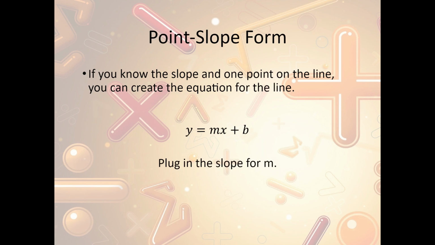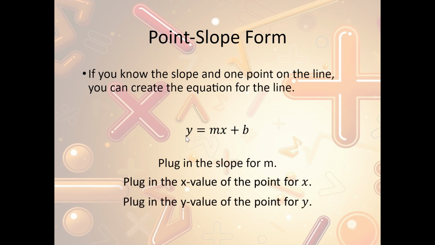So whatever the slope that's given to us, we plug that in for m. We plug in the x value of the coordinate. So we're given some ordered pair, and we're going to plug in the x part here, and we plug in the y coordinate here, and now we're left with only one variable, which is b, and we can solve then for b and get the y-intercept.